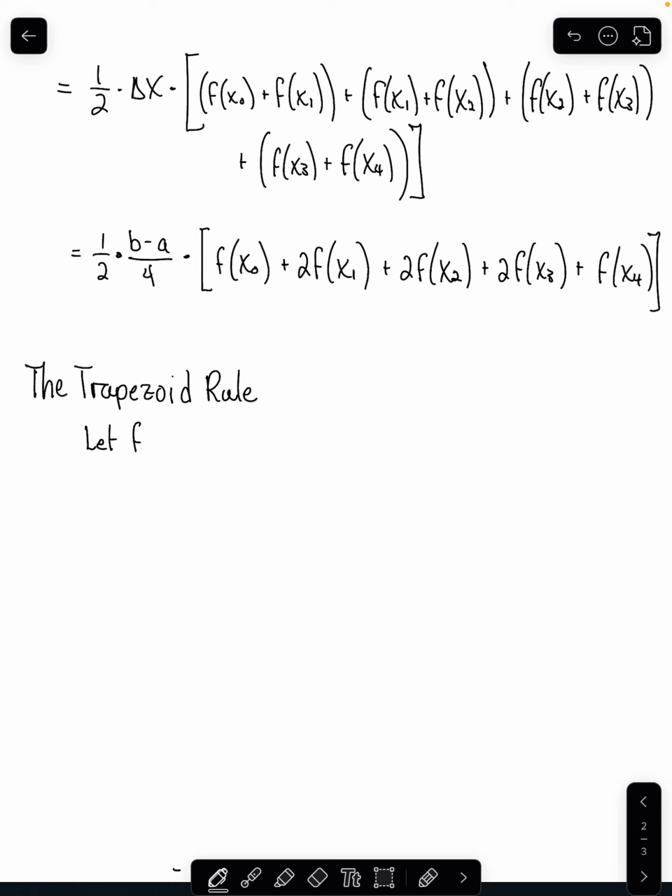So we're going to start, as usual, with a function that must be continuous in order to be integrated.